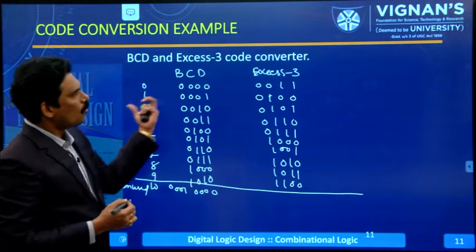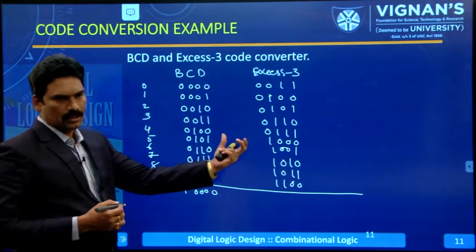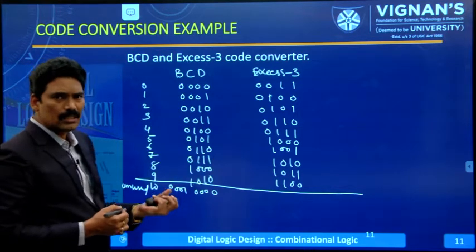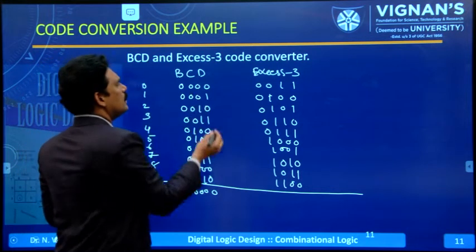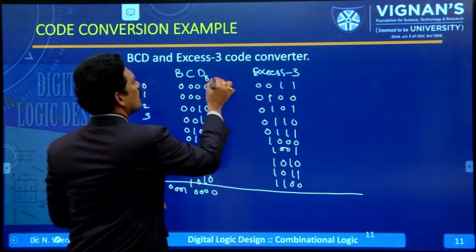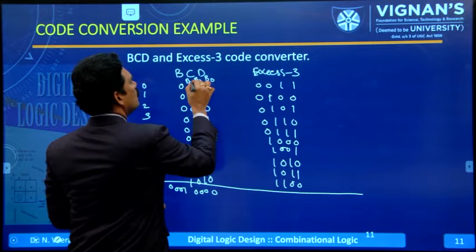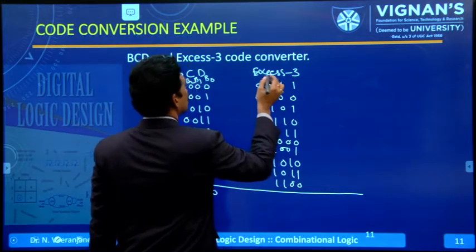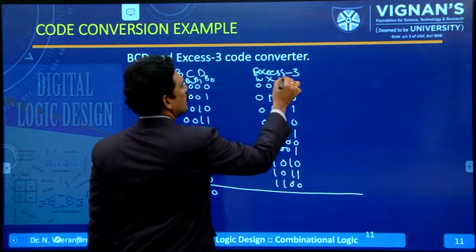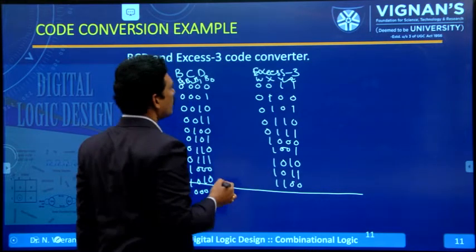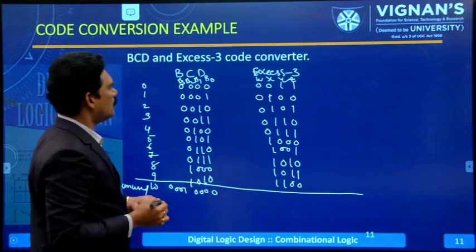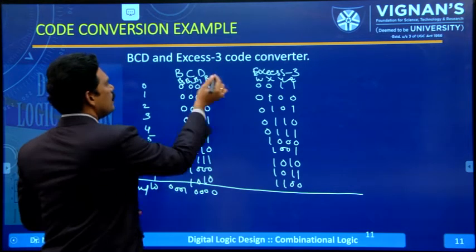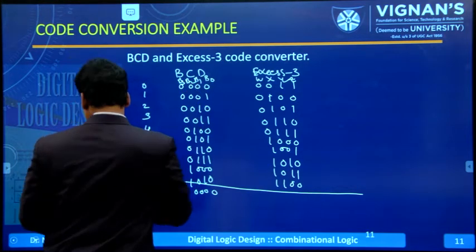So we are going to design the circuit for this. What are the variables here? The input variables are BCD, so consider them as B0, B1, B2, B3, and the XS3 code as W, X, Y, Z. Or you can consider the inputs as A, B, C, D for this purpose.